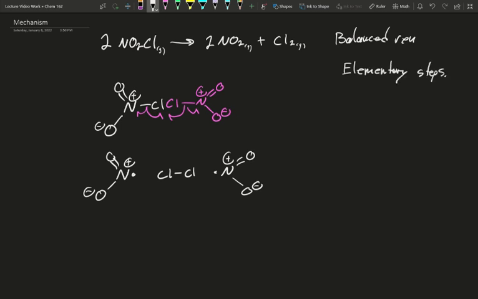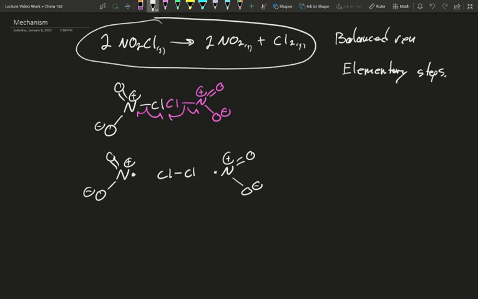An elementary step is a single proposed interaction and the result of it. It may or may not look like a balanced reaction. In this case, it does. We are proposing that this is exactly what happens in one step. Two of our starting molecules come together and simultaneously shatter in such a way as to make two NO2s and a Cl2.